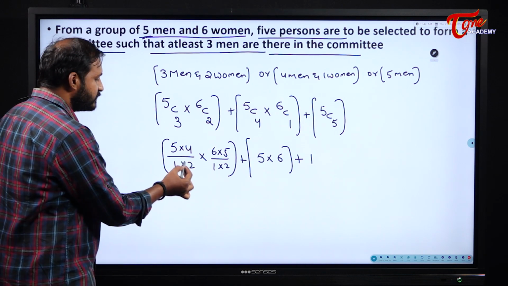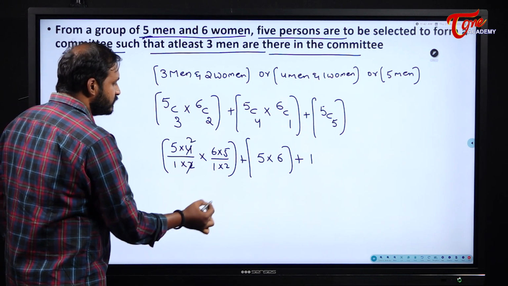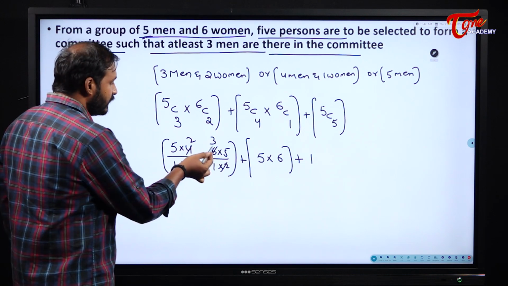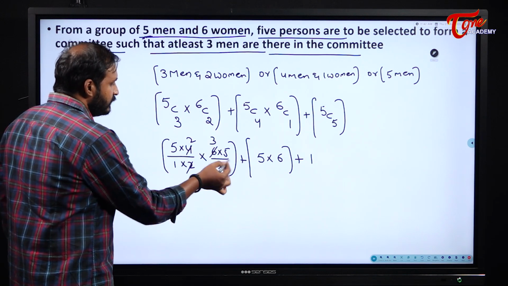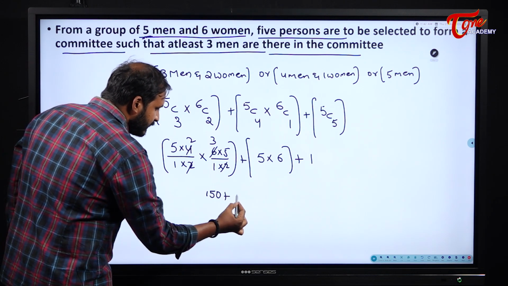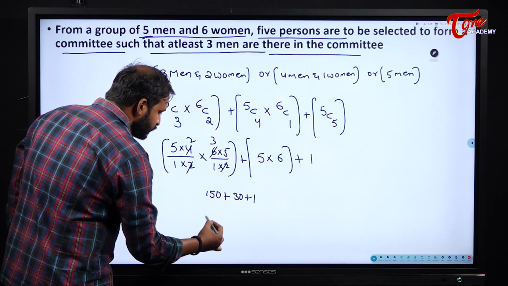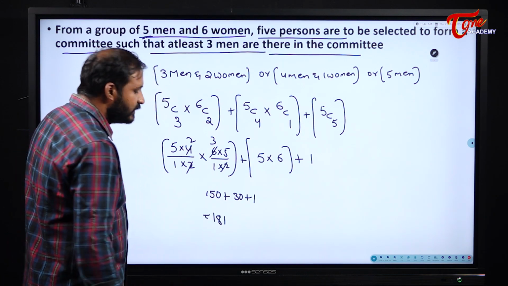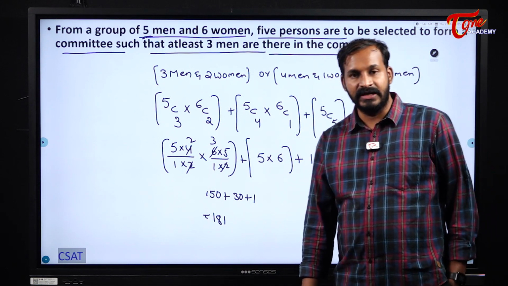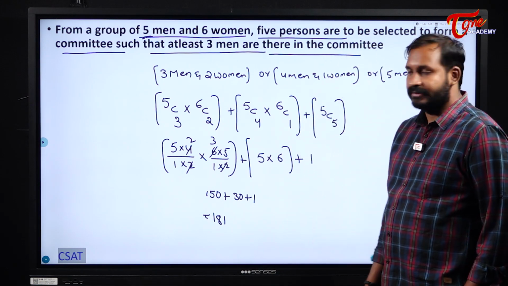So now what happens here, students? 2 1s, 2 2s, 2 1s, 2 3s. 5 2s are 10, 10 3s are 30, 30 5s are 150. 5 6s are 30, plus 1. So in how many ways can I pick the committee? In 181 different ways I can pick the committee.